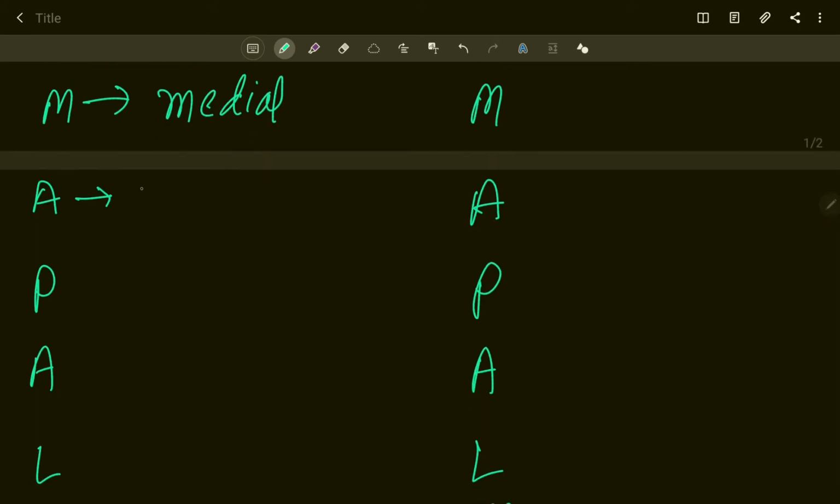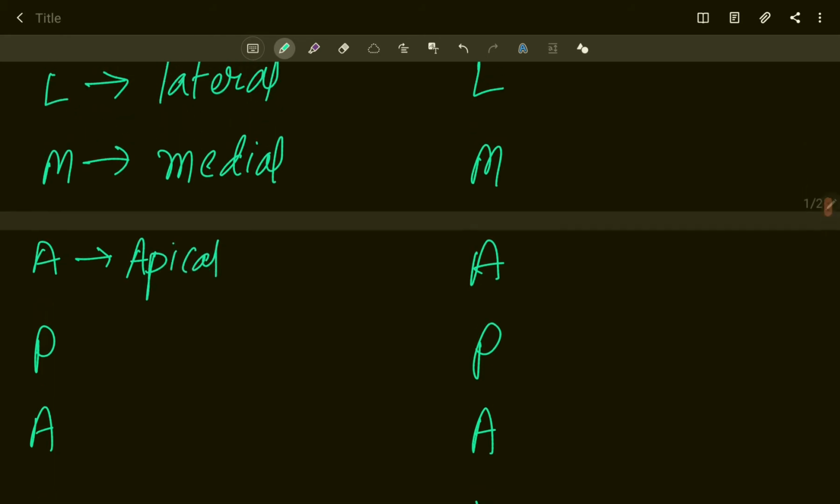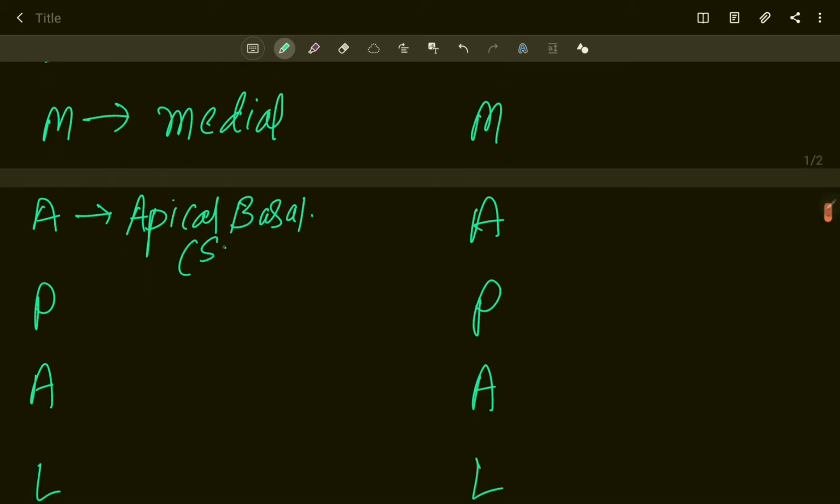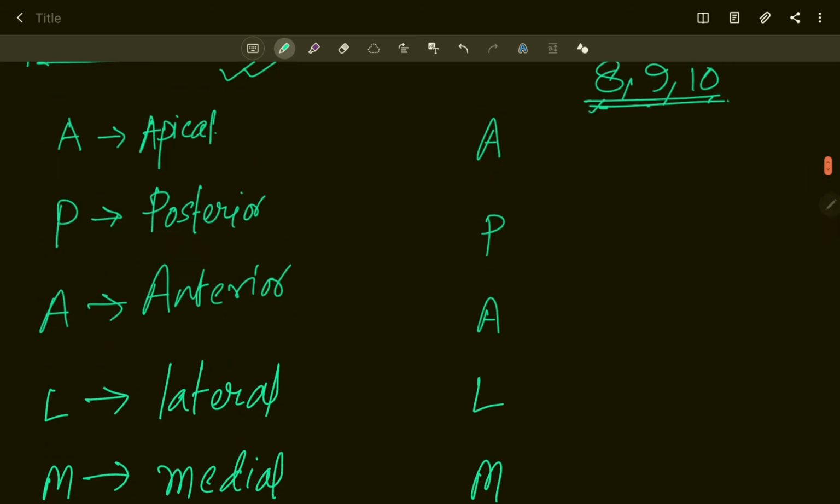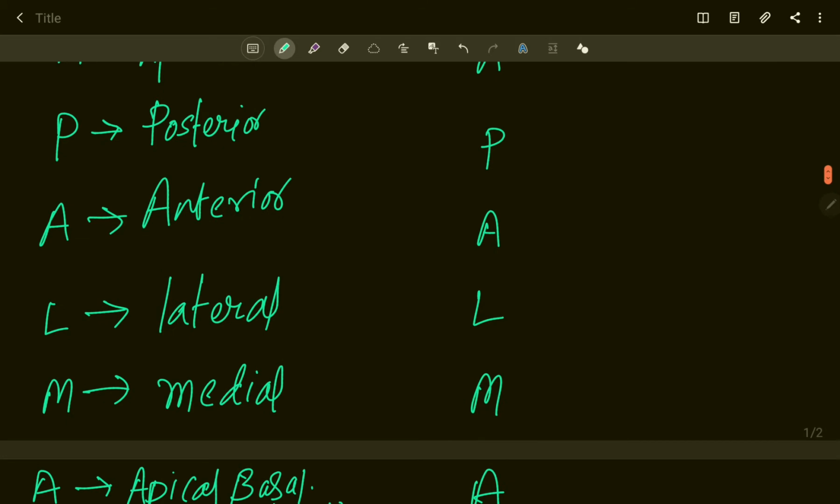Now this A is also apical, but just add basal. Rest all the things remain the same, like P for posterior, anterior, lateral, medial, all remain the same.